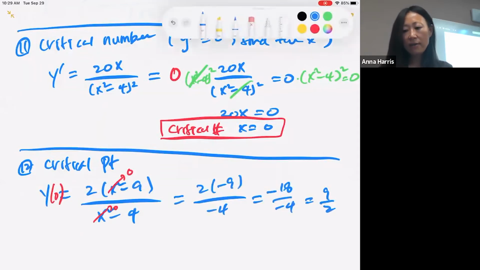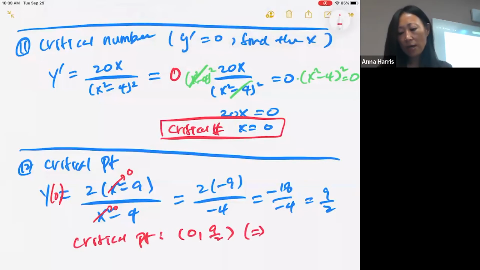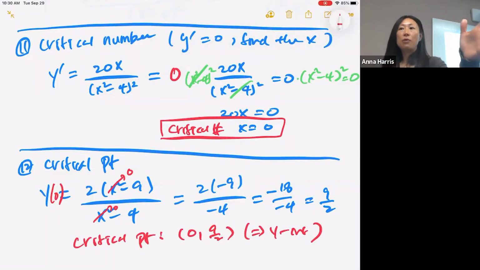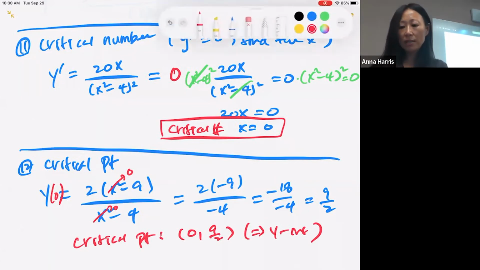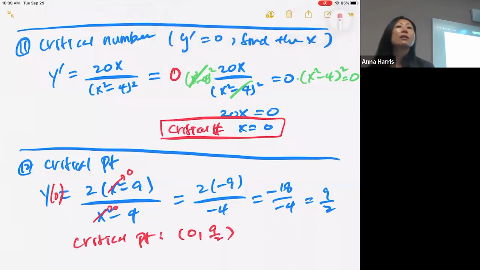So I have a critical point, which is (0, 9 over 2). It happened to be the same as what in this case? The y-intercept. It happened to be the same because y-intercept means you plug in x equal to 0, right? So I don't have to put this. Actually, let me not even put it in here because it doesn't really matter. So we got the critical number, we got the critical point.